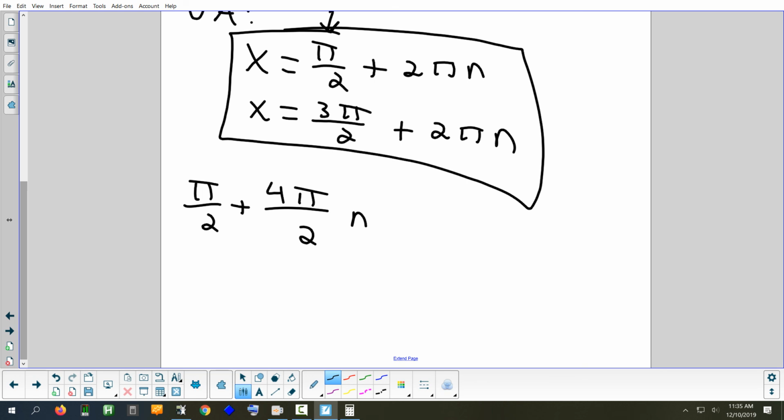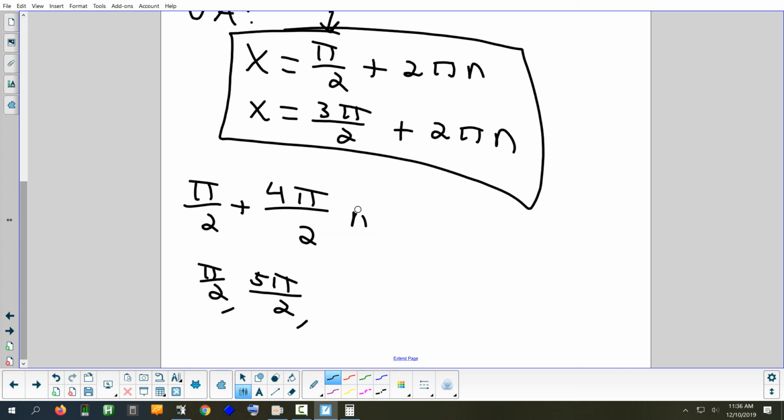Any question on that? Now, let's suppose n is 1. What's 4 pi over 2 times 1, plus 1 pi over 2? 5 pi over 2. So here's the first one. Here's the next one of this first asymptote. Now let's look at the next one. N is 2. What's 4 pi over 2 times 2?